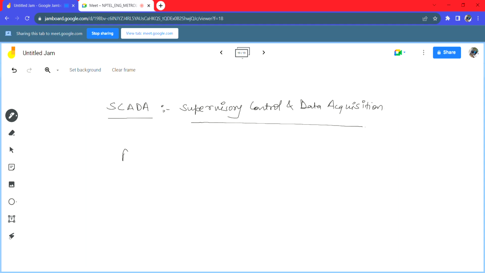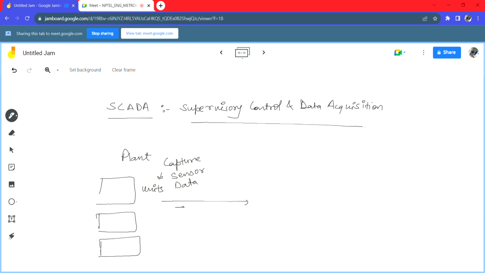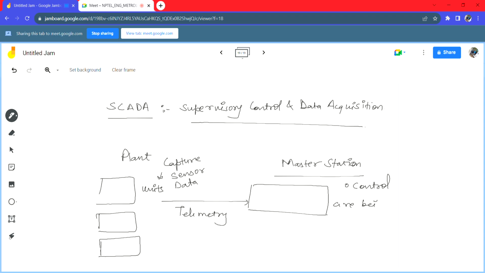So what it does is, on the plant, it has several units to capture sensor data, and with the help of telemetry, the sensor data is transferred to the master station, where at the master station different controls are generated and feedback is given back to the plant.